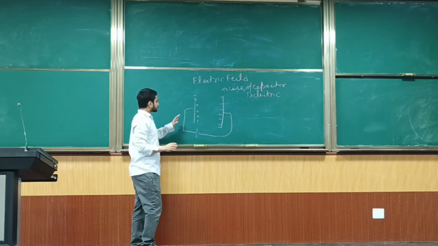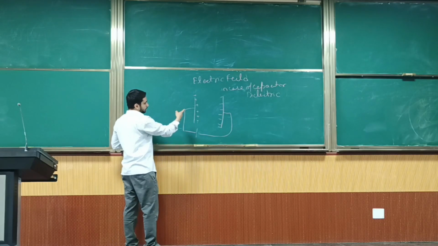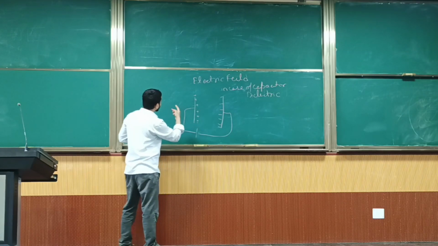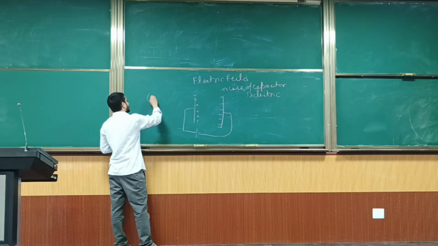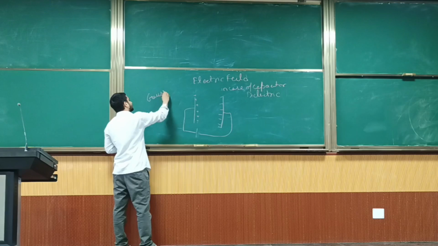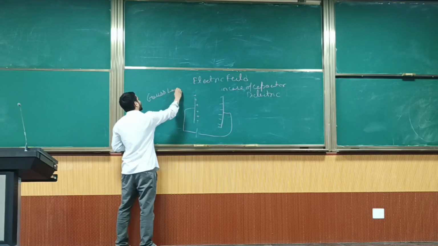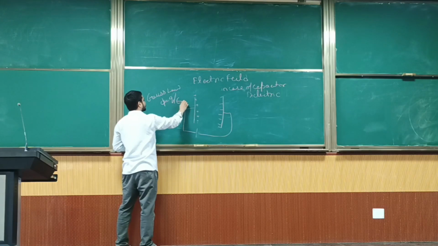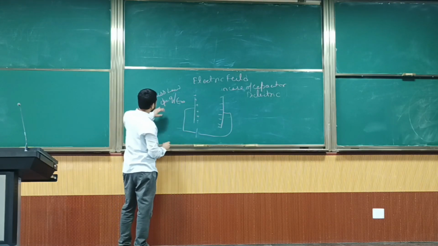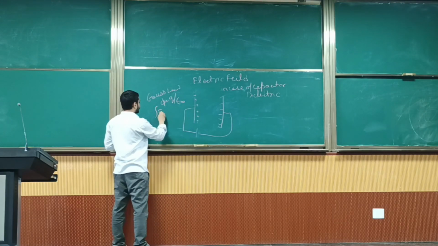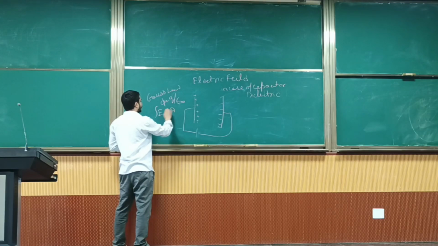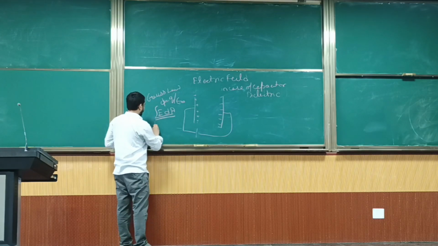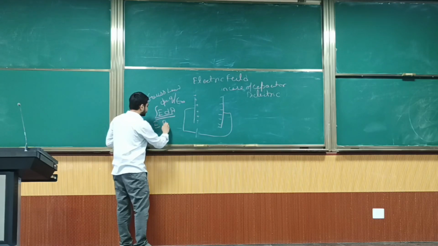This electric field is told in this case by the concept of Gauss law. So what is phi? Phi is equal to charge upon epsilon naught, and phi is equal to the integral of E dot dA. If we consider that E is constant, phi is equal to E into A.